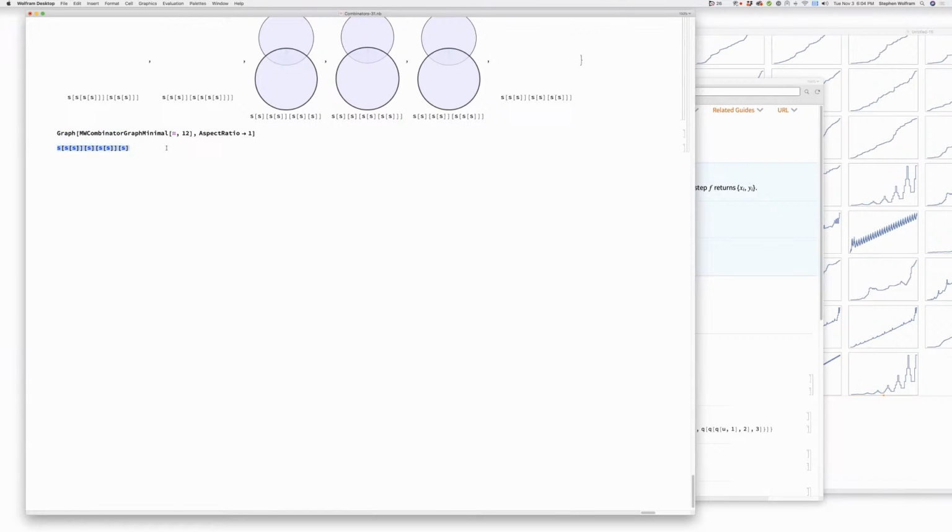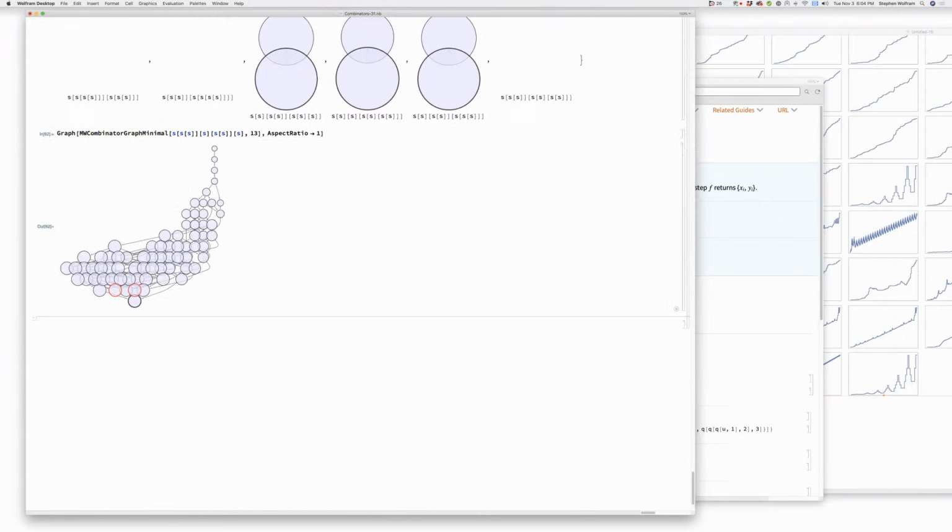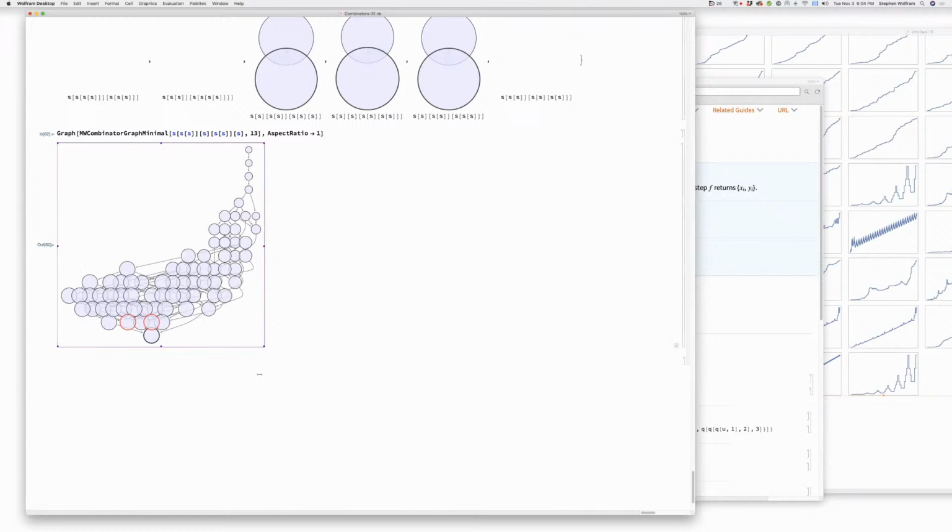So this, let's try running it 13 steps, see whether it'll be a disaster. Okay, so that's running. The sizes of these things are just the number. I should have had it auto scale. Their sizes are based on the number of, okay, so let's go to 15 steps.